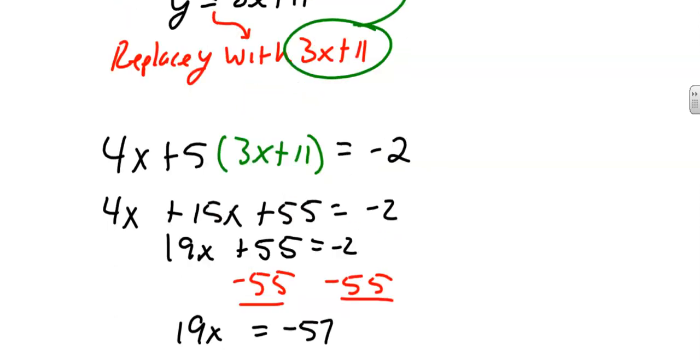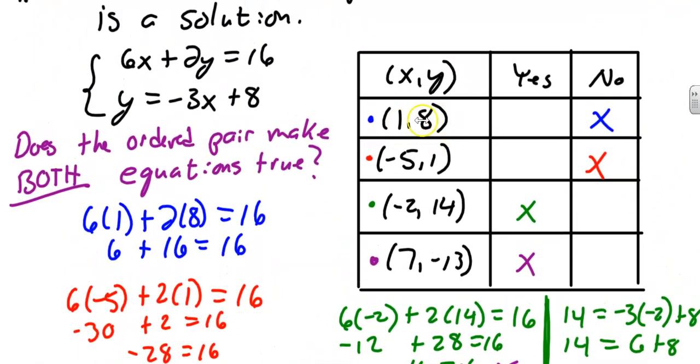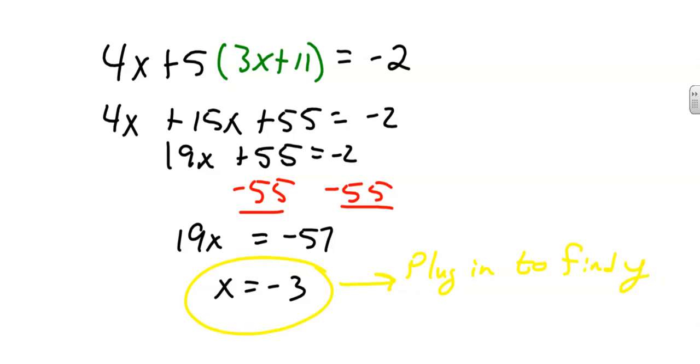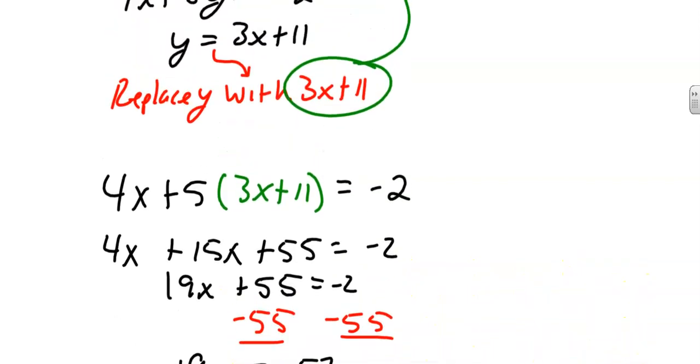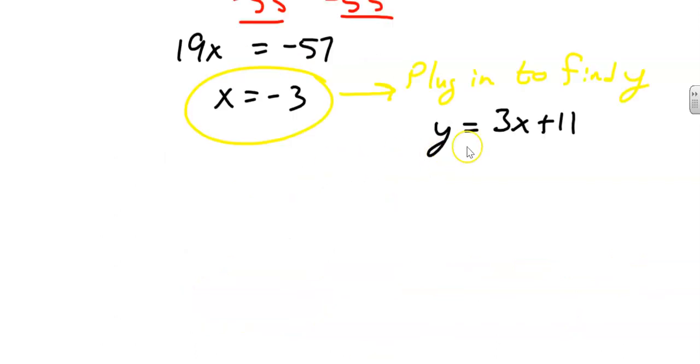Okay, walking through this one, you're still looking for ordered pairs, so you do need an x and a y. So now you're going to take this answer of negative 3 and plug it in to find y. And if that's the case, use the equation that had y equals, because that's going to be the easier one to find. You can go with either equation, but the one that you use for substitution, that's going to be the easier answer, because it's just y equals this number.